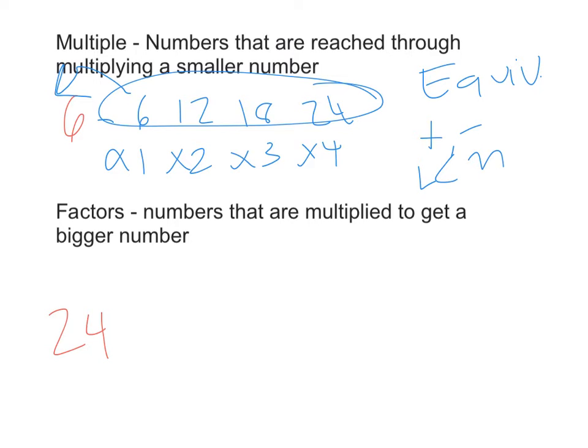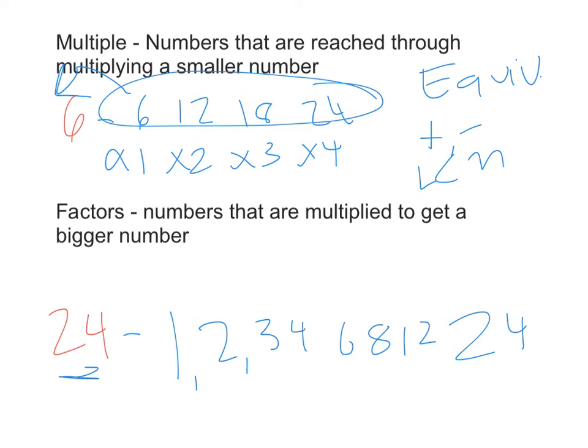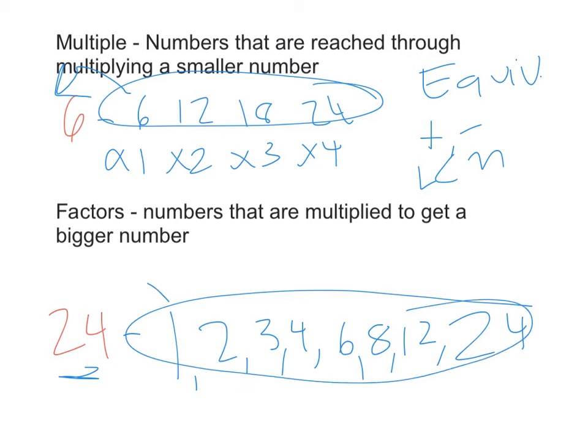Now on the flip side, with factors you start with a larger number, and it's going to be the numbers that are multiplied to give you that number. So for instance, with 24, we have 1 and 24, 2 and 12, 3 and 8, 4 and 6. So all of these are factors of 24.